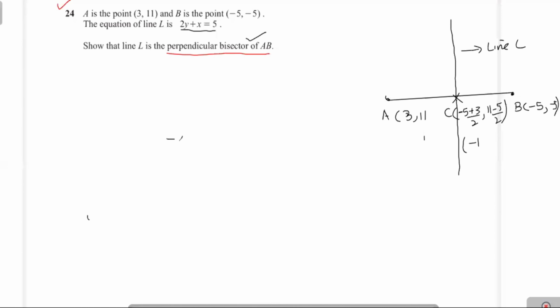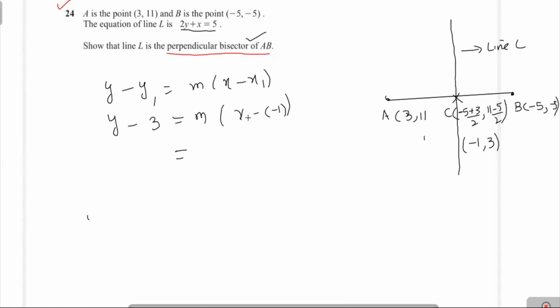Now this is (-1, 3), the point through which this line passes. Now we can write the equation of the perpendicular bisector: y minus y1 equal to m into x minus x1. Here y1 is 3 and m is kept as it is, and x minus -1. Now we can write it as y minus 3 equal to m into x plus 1.